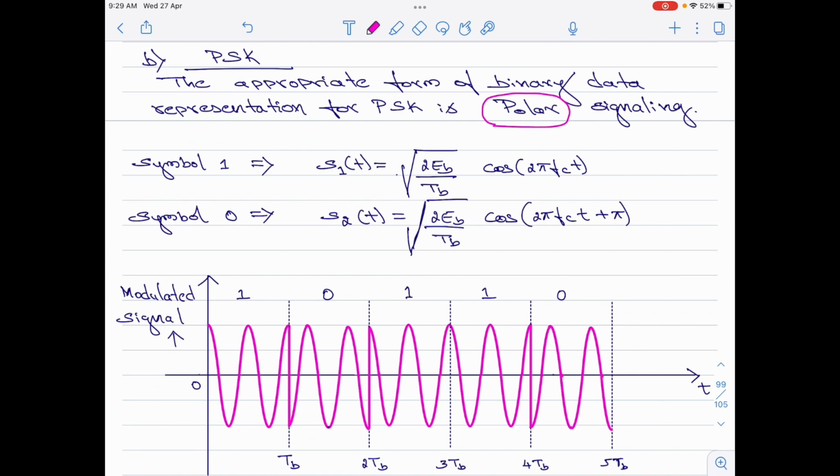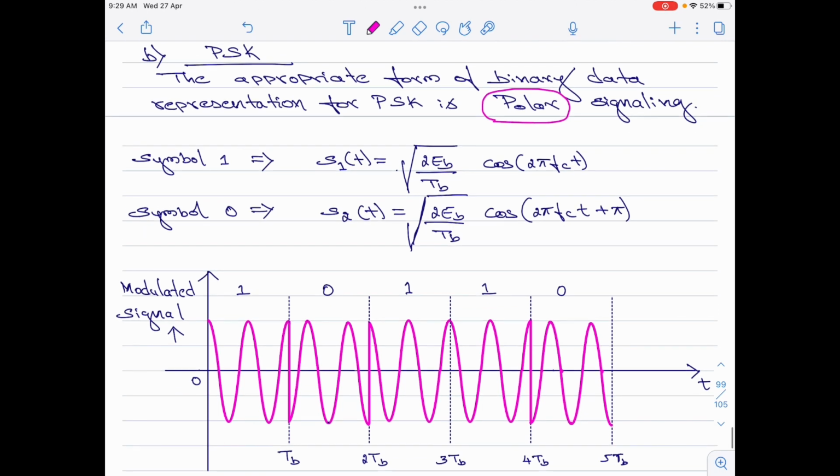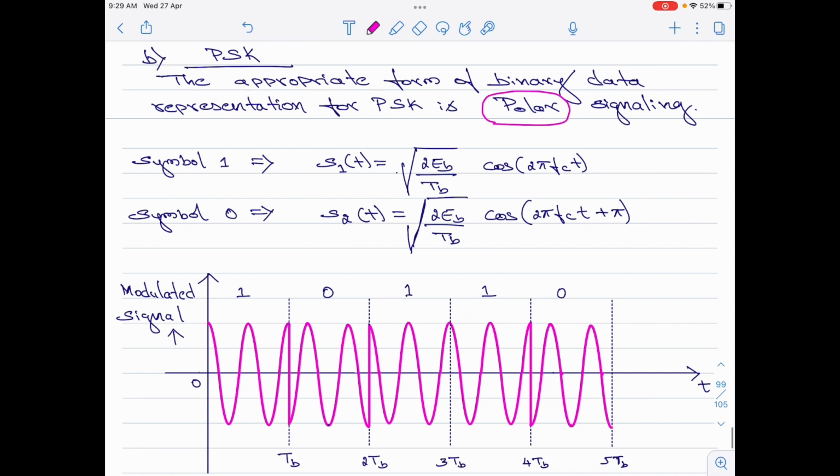Here in PSK, symbol 1 is represented by the signal S1 of t given by square root of 2 EB by TB cos 2 pi FCT, whereas symbol 0 is represented by S2 of t, which is given by square root of 2 EB by TB cos 2 pi FCT plus pi.